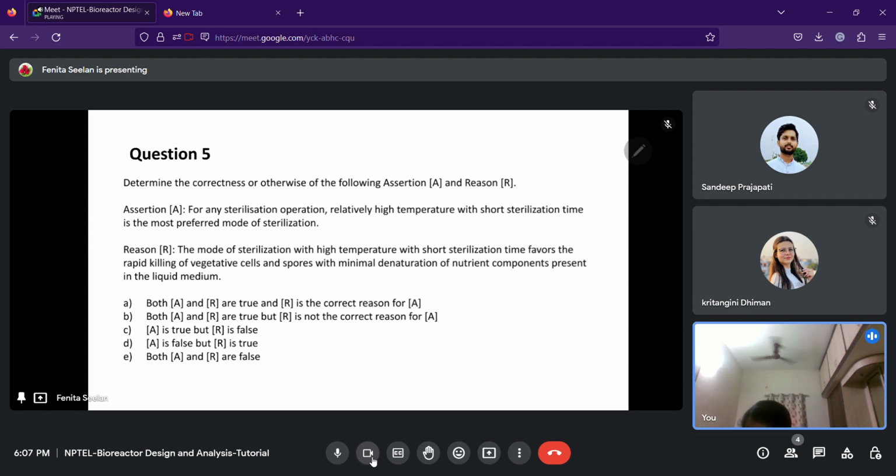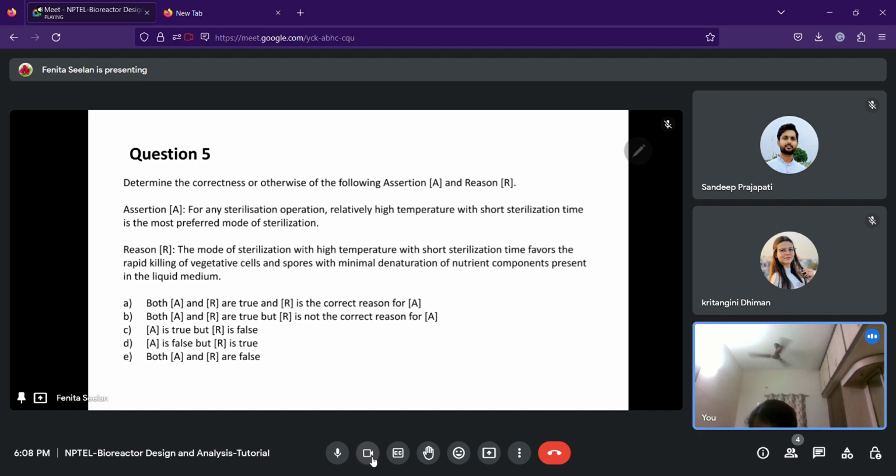So question 5, determine the correctness or otherwise of the following assertion A and reason R. The assertion A is, for any sterilization operation, relatively high temperature with short sterilization time is the most preferred mode of sterilization. And the reason R is, the mode of sterilization with high temperature with short sterilization time favors the rapid killing of vegetative cells and spores with minimal denaturation of nutrient components present in the liquid medium. So the options are given below.